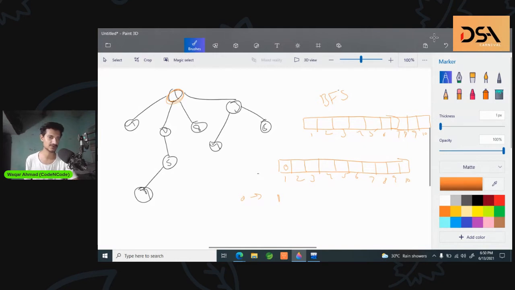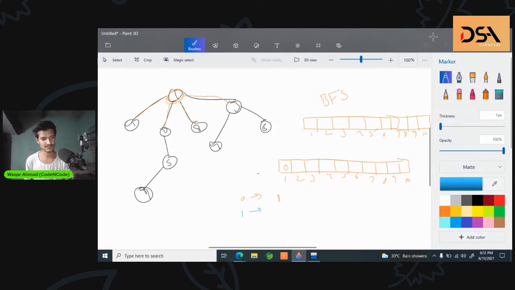Now we need to find out all of the nodes at distance 1. How you can do that? All of the nodes which are at distance 1 are actually directly connected to the node at distance 0. Node at distance 0 is this itself. So all of the nodes that are at distance 1 are these, this, this, and this. These 4 nodes, we use a different color for them, blue.